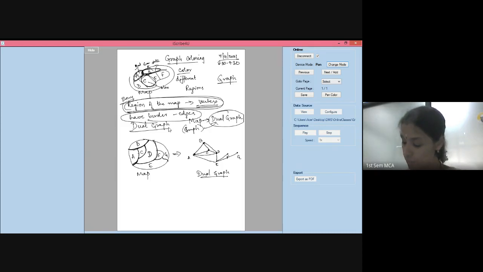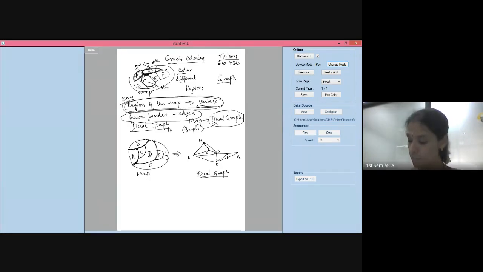Next, come to F. F is sharing border with E, G and D. So I'll connect DF, I'll connect FG, and EF is already connected, so no issues, right?